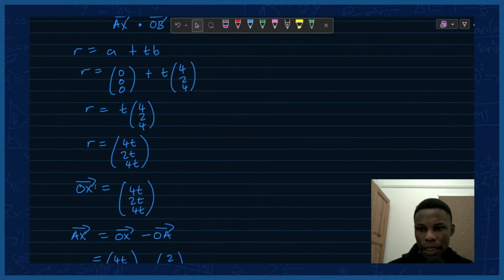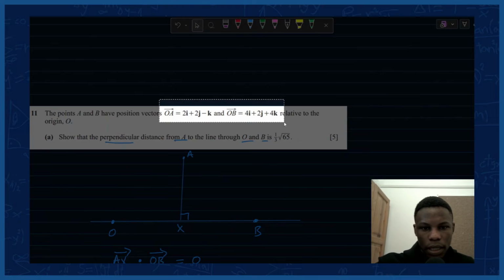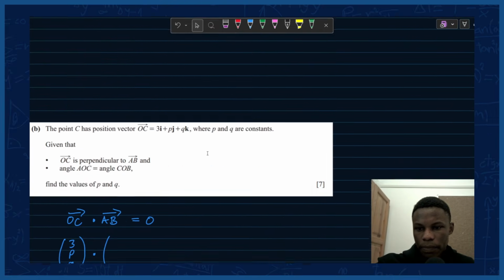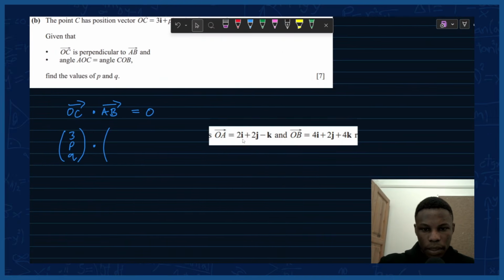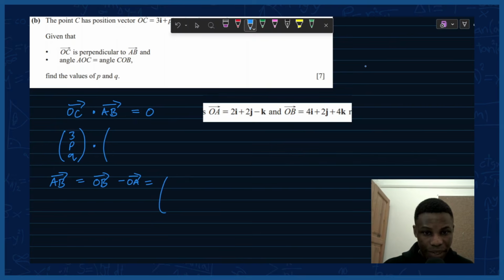So let's find AB. Let me just copy OA and OB. Okay. So we need to find AB. AB is equal to OB minus OA, which is, if we write it in column vector notation, OB is (4, 2, 4) minus OA is (2, 2, negative 1).